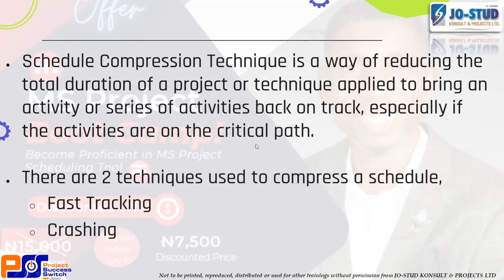When you are managing a project, sometimes for no fault of yours, it could be as a result of a risk you couldn't identify, or even the client coming to impose something on you that may cause you to miss a timeline for an activity.